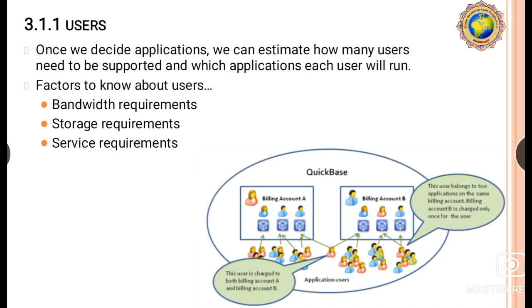So here the quick example of the application user is different types of user. So here billing account A, billing account B, and this is our application user. So this user belongs to two applications on the same billing account, and billing account B is charged only once for the user, and here this user is tied to both billing account A and billing account B. So these types of users can access, and we can also say the user can download applications from any authorized person.